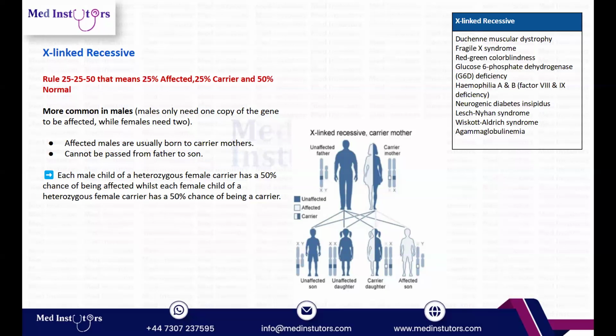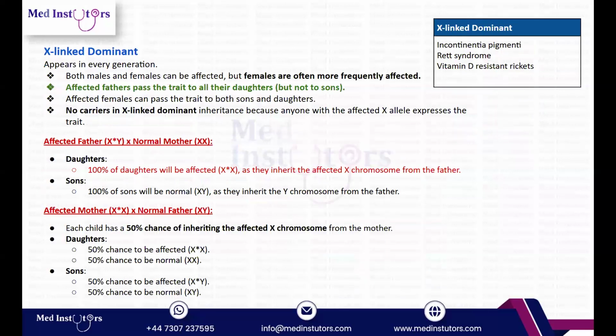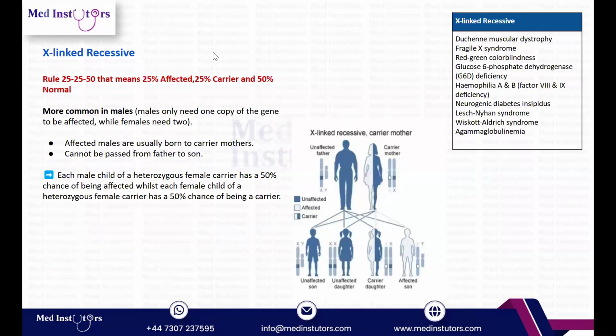Okay, now let's move on to X-linked dominant. Since it's a dominant condition, it appears in every generation. Males and females can be affected, but females are more frequently affected, which is opposite to X-linked recessive, where males are the main ones affected.